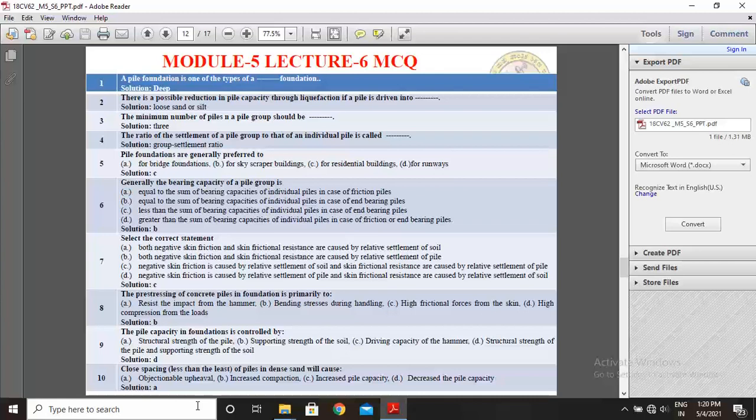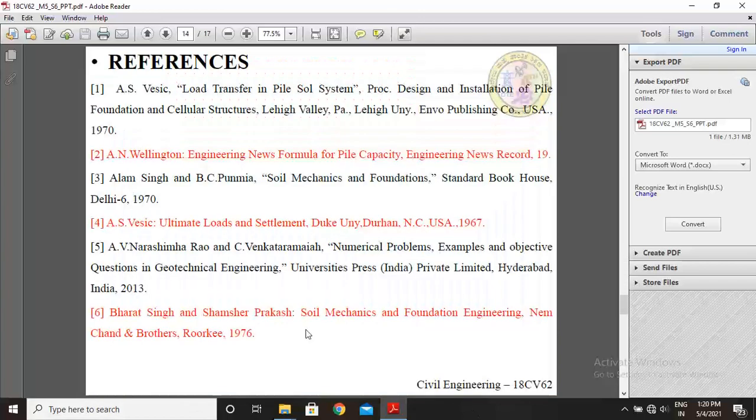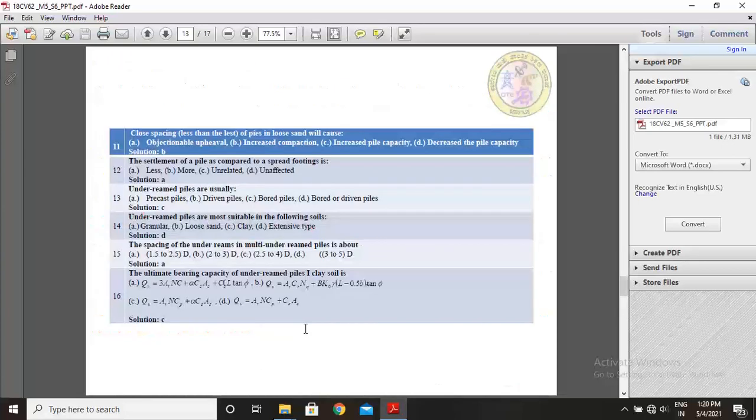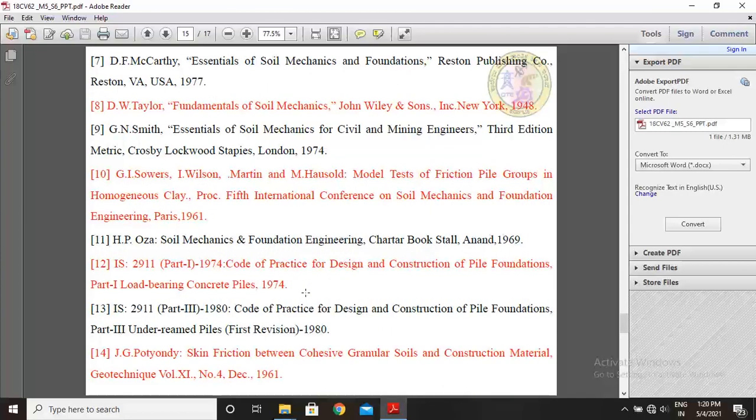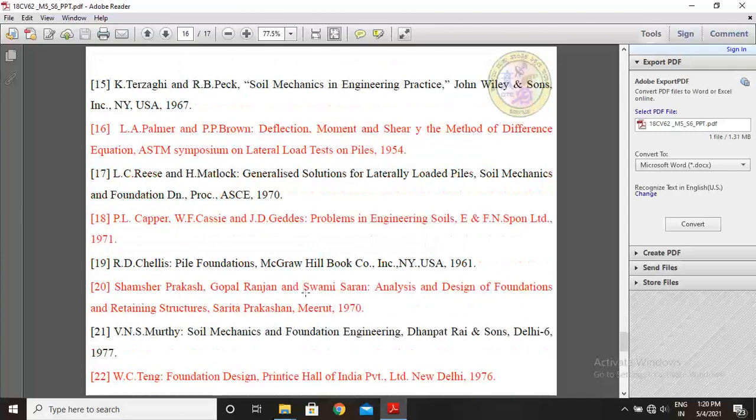So this is the MCQ sheet with 4 choices. Next, these questions were also asked in earlier sessions, but I have picked up some important questions as MCQs. And these are the references covered in this session 6.